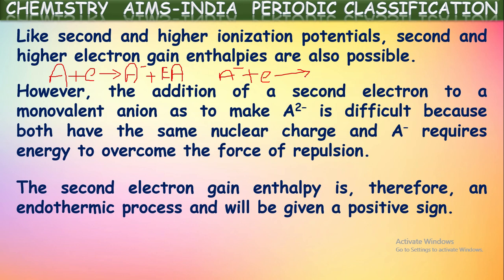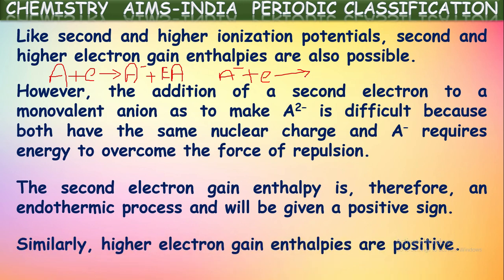A positive sign for the energy in a chemical equation represents absorption of energy. If the energy is mentioned with a negative symbol, that represents evolution of energy in the chemical reaction. Now, second electron enthalpy will be shown with the positive symbol, meaning it is absorbed by the atom while gaining the second electron to overcome the repulsions.